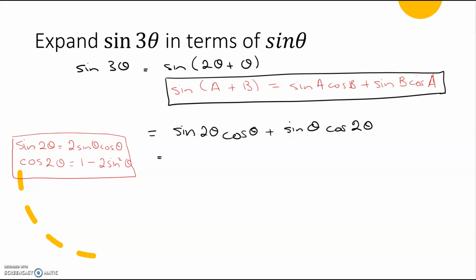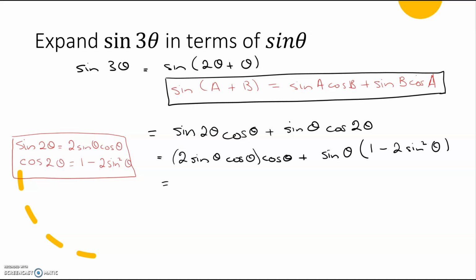So instead of sine 2 theta, we're going to write 2 sine theta cos theta. But we already did have cos theta. Plus sine theta times 1 minus 2 sine squared theta. Okay, let's tidy that up.